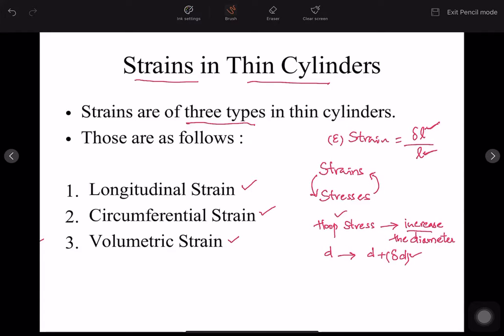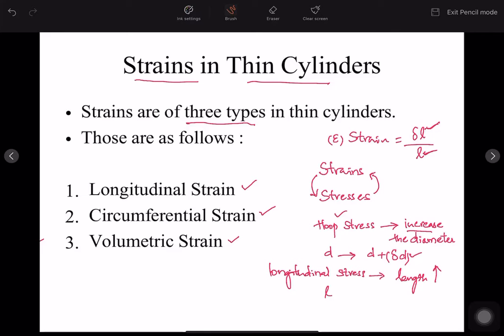In the same manner, in case of longitudinal stress, length gets increased, right?